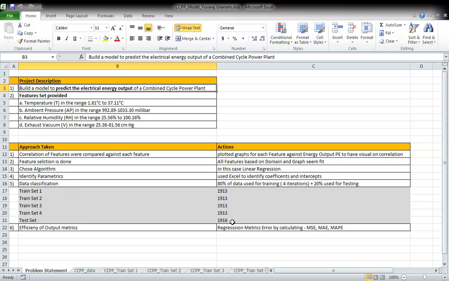Finally, the efficiency of the output model was calculated. In order to do that, I used regression metrics: mean square error, mean absolute error, and mean absolute percentage error, right?